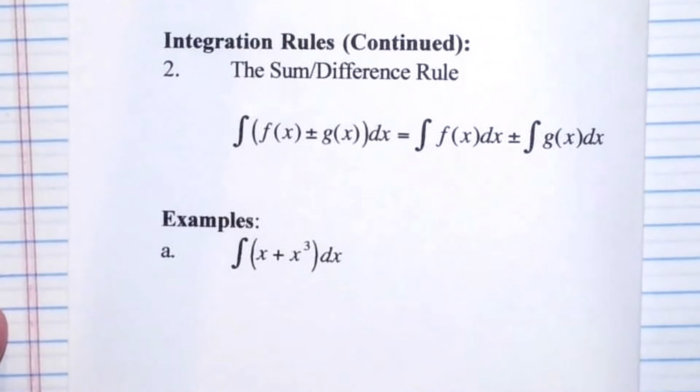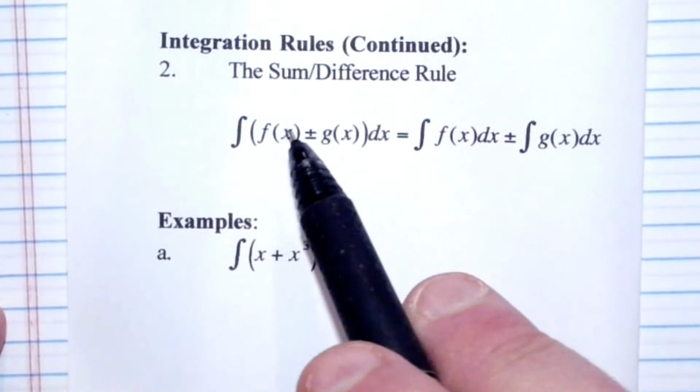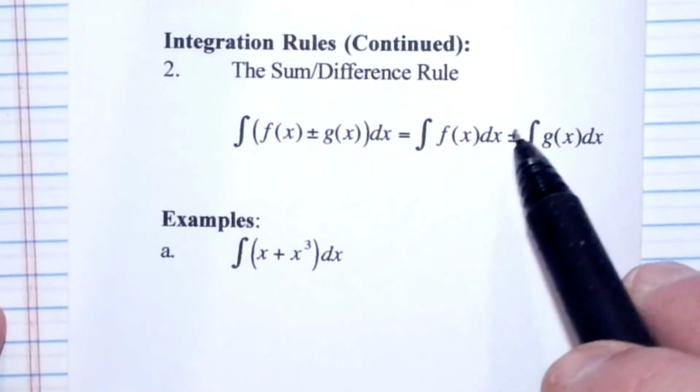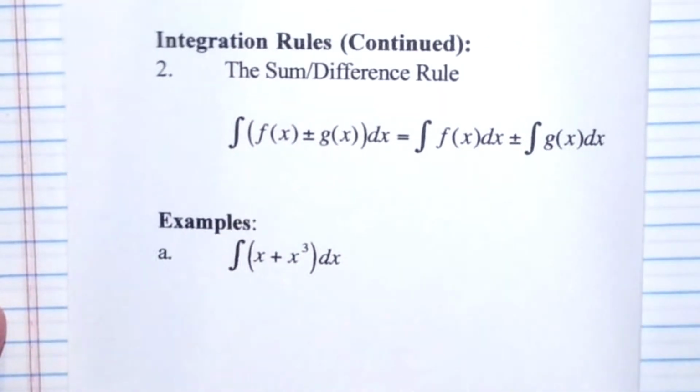A second rule of integration is the sum and difference rule. You remember that when you differentiated, if you had a sum or difference, two or more terms added or subtracted, you could differentiate each term separately. The same goes for integrating. If you have the indefinite integral of two functions, you can find the indefinite integral of them separately.